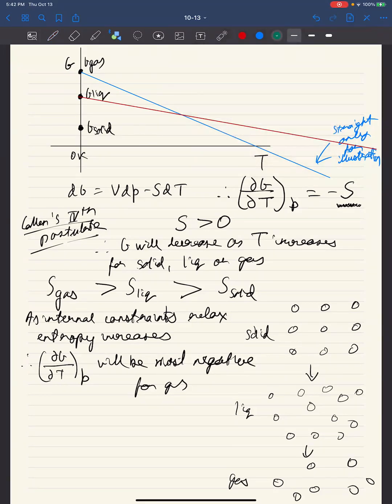And solid, let's see if I can get it right. This solid is going to be almost flat if you think about it. It's going to be something like this, okay? Let me draw this picture in the next page. I will redo this on the next page using more space.